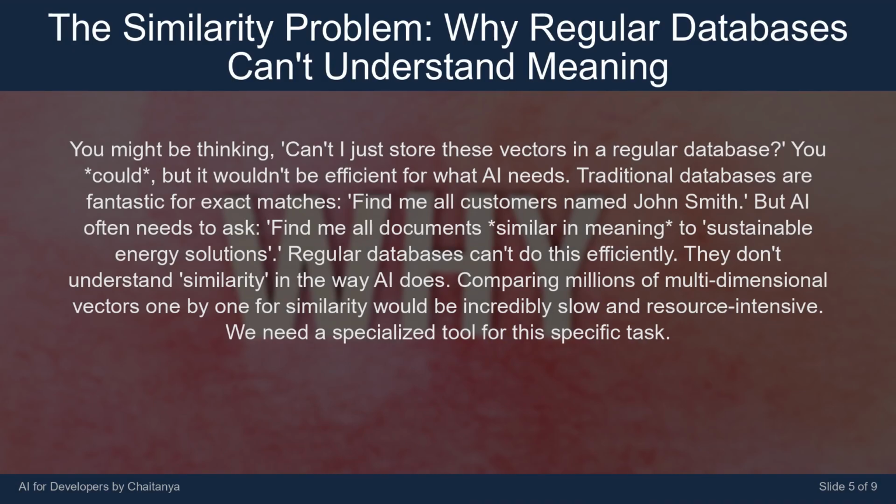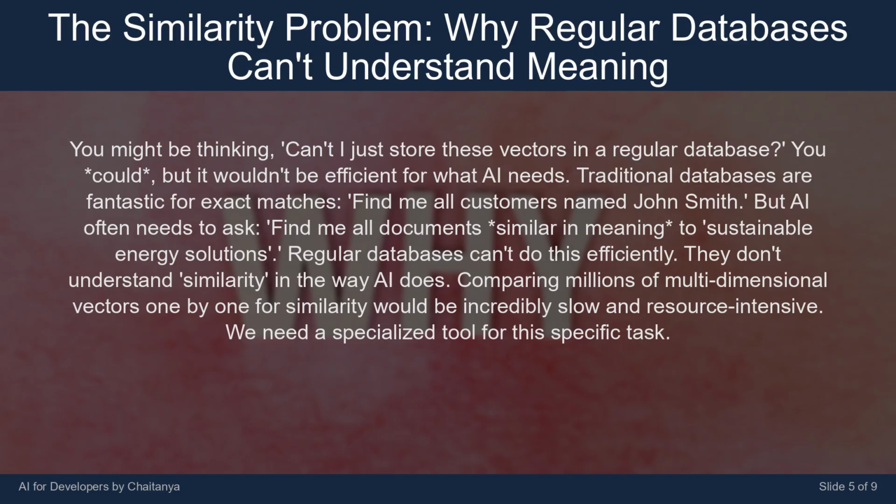You might be thinking, can't I just store these vectors in a regular database? You could, but it wouldn't be efficient for what AI needs. Traditional databases are fantastic for exact matches. Find me all customers named John Smith. But AI often needs to ask, find me all documents similar in meaning to sustainable energy solutions.